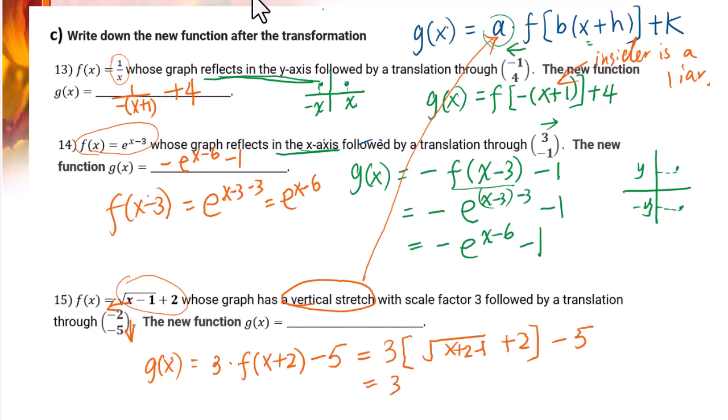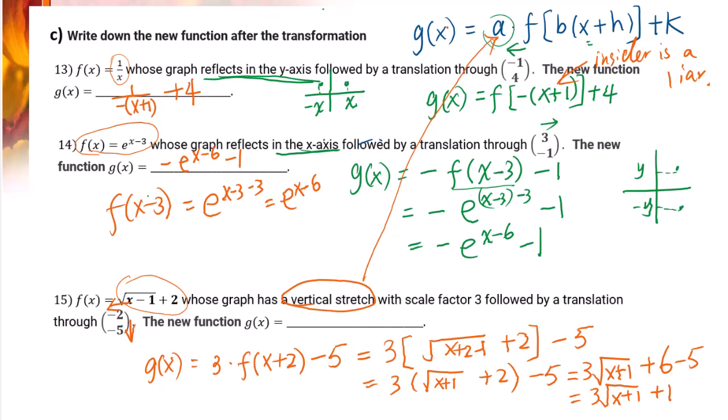Simplify: 3 times square root of x plus 1 plus 2 minus 5 equals 3 square root of x plus 1 plus 6 minus 5. 3 square root of x plus 1 plus 1. So g of x equals 3 square root of x plus 1 plus 1.